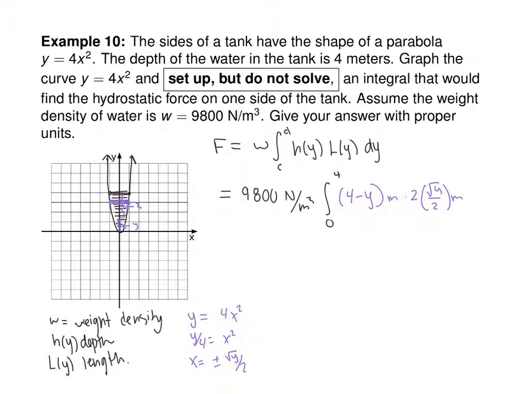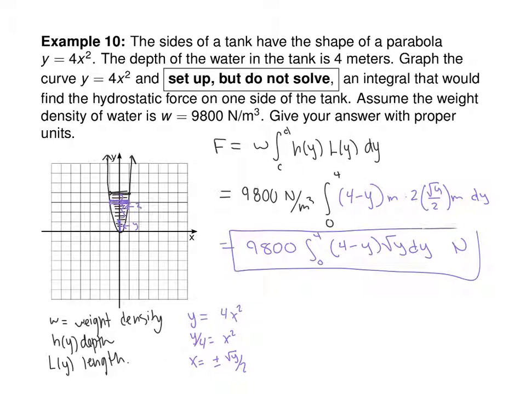And that's also in meters times the dy, which is the thickness, which is also counted in meters. So simplify this slightly. We get 9,800 integral 0 to 4 of 4 minus y times root y. And if you look at the labels, this integral will have a value that's cubic meters multiplied by the newtons per cubic meter, and that's going to give us an answer that's in newtons in the end.